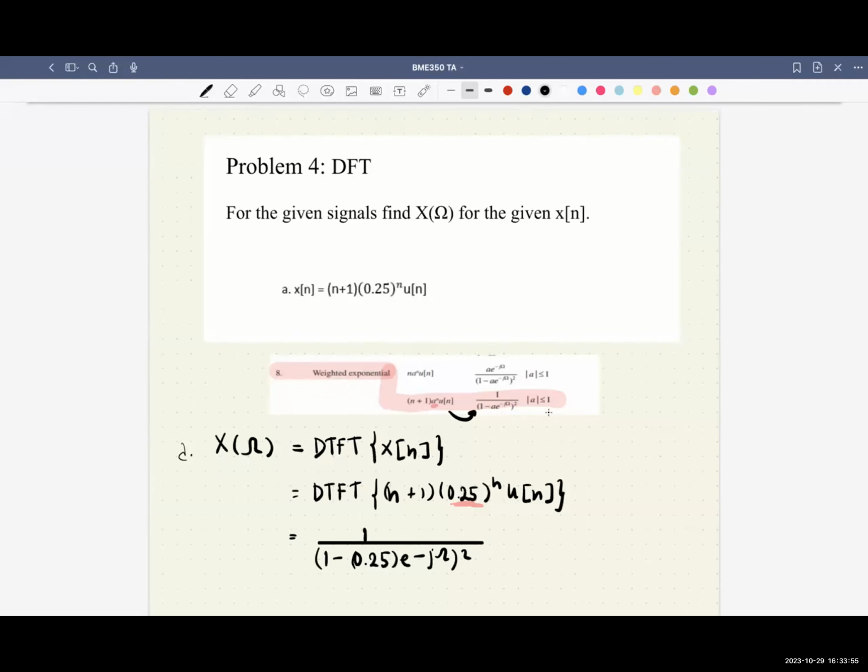The absolute value of a is less than 1, so that means we're on the right track here, and that would be the answer for problem 4.